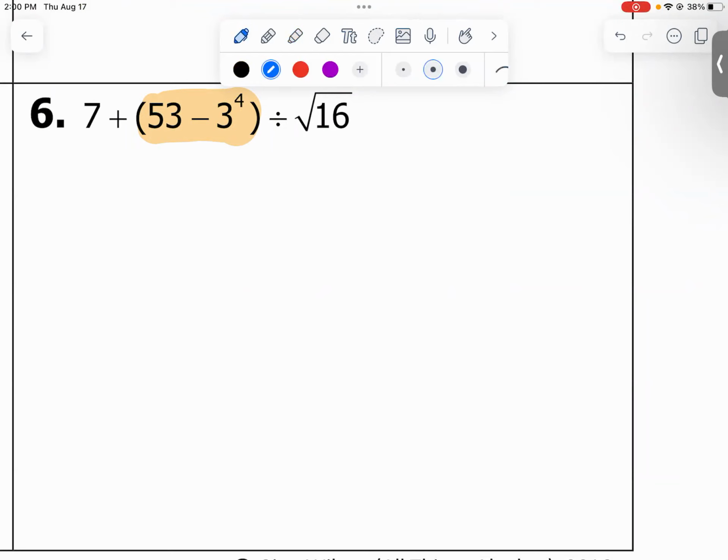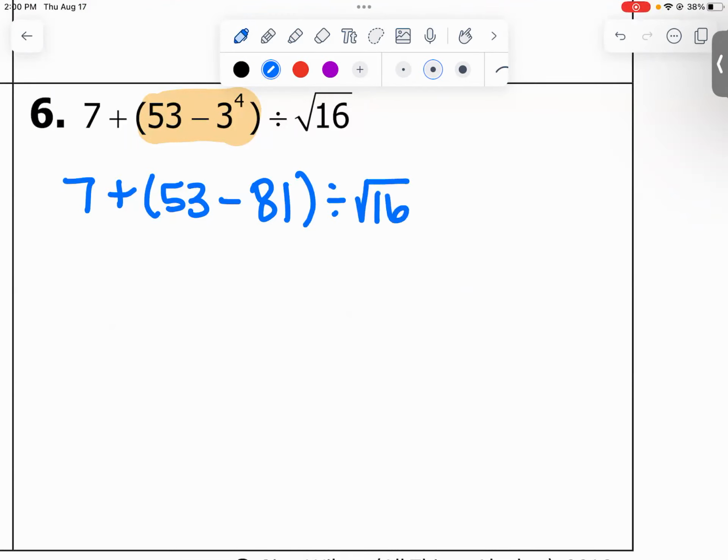So inside the parentheses, we have 53 minus, ooh, what is that? Anyone know? 81. Okay. So what is 53 minus 81? Negative 28.